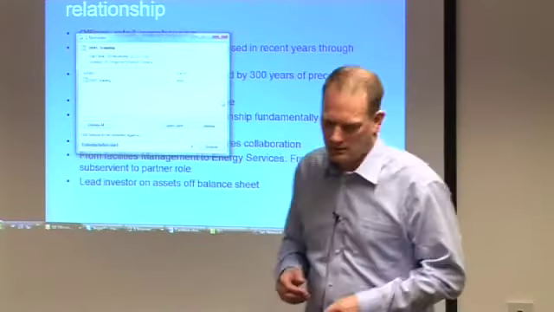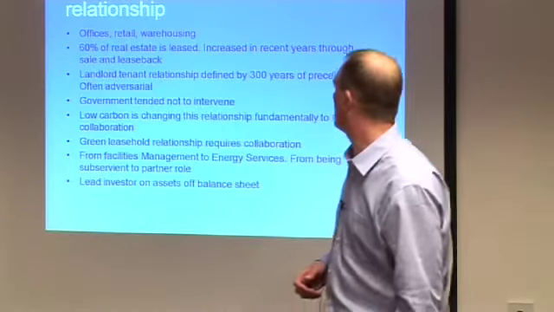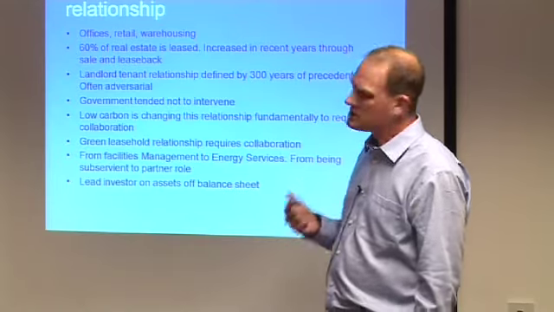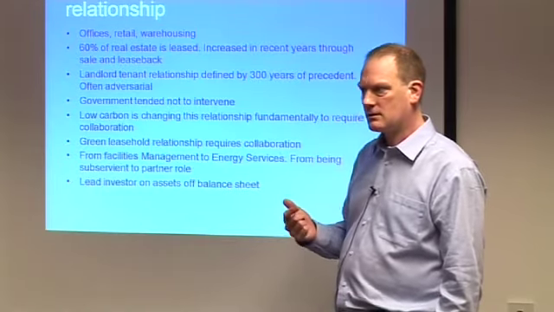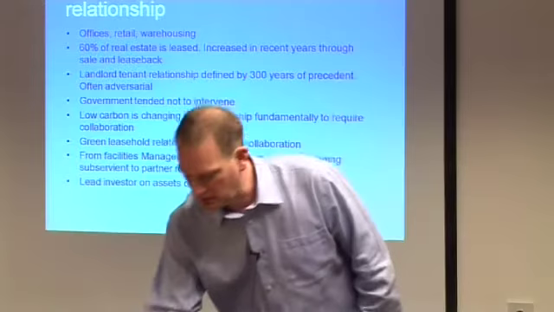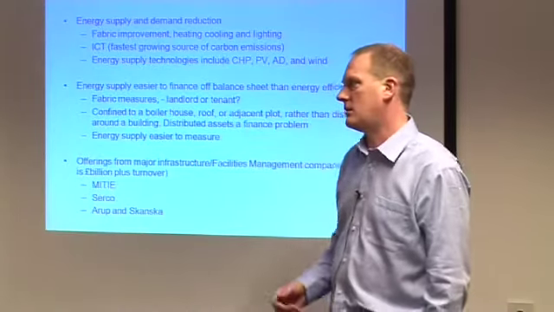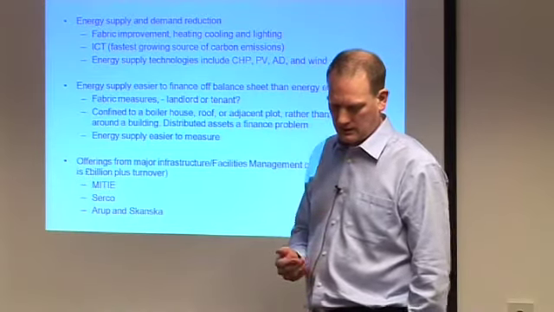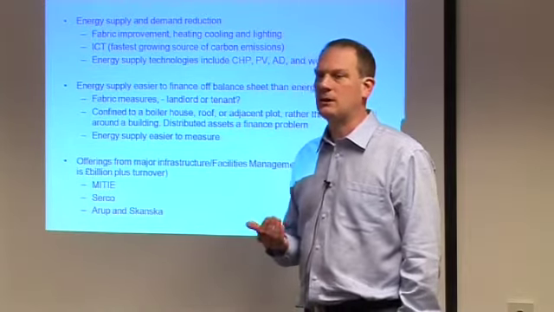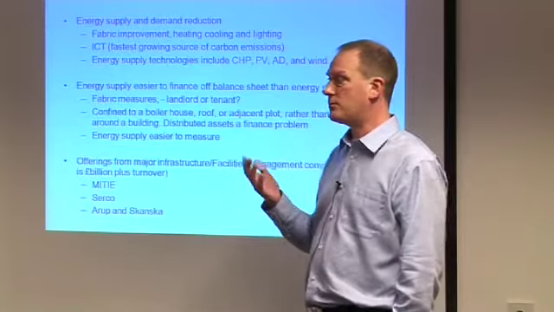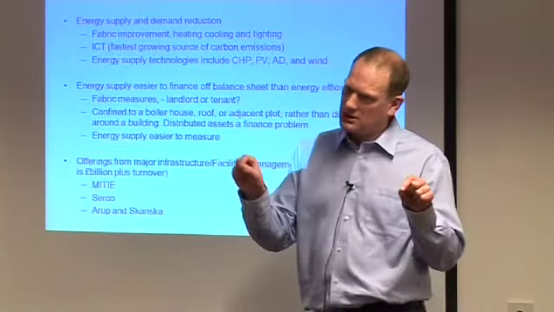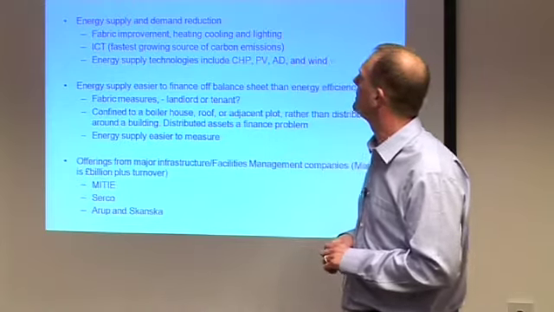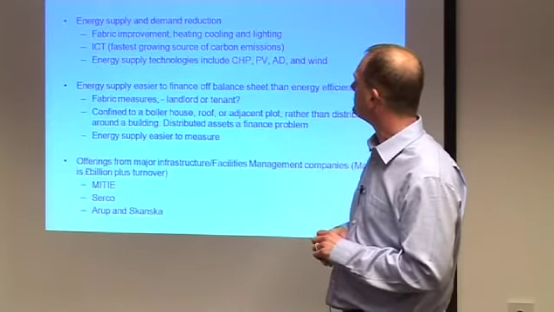So it's a very challenging relationship. One of the interesting things that's happening is that there's potentially a third party to that relationship, which is either a facilities manager or an energy services company who could come in and do things off the balance sheet of either the landlord or of the tenant, if the contract structure can be got in place.